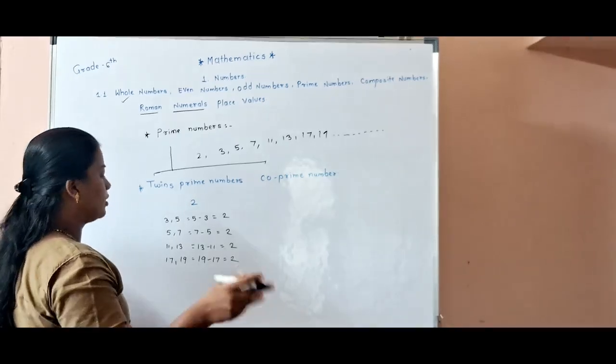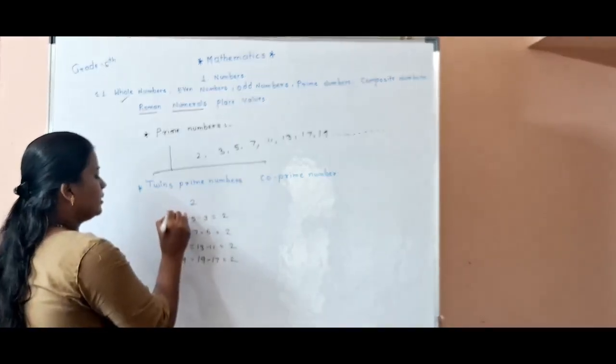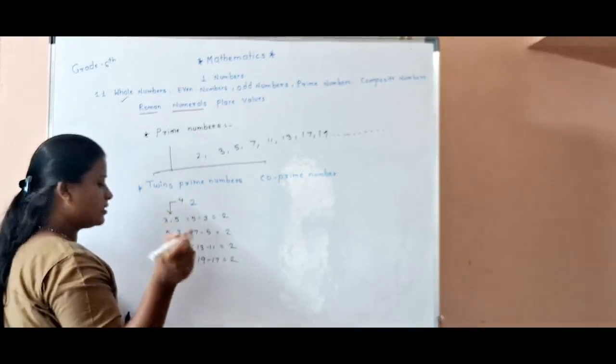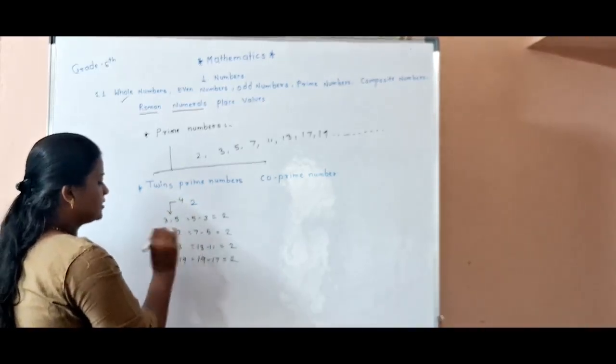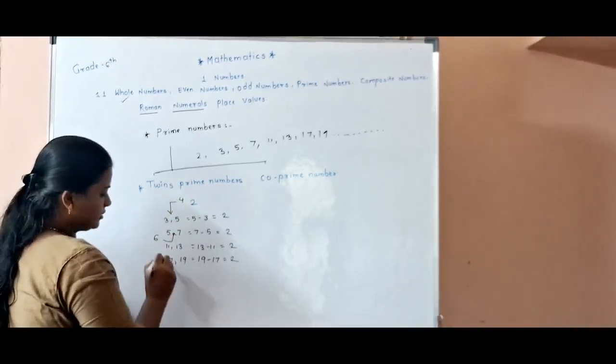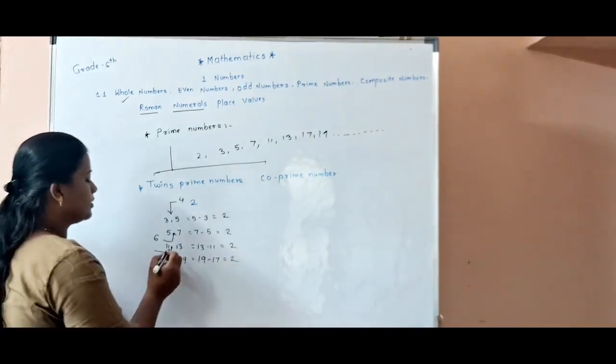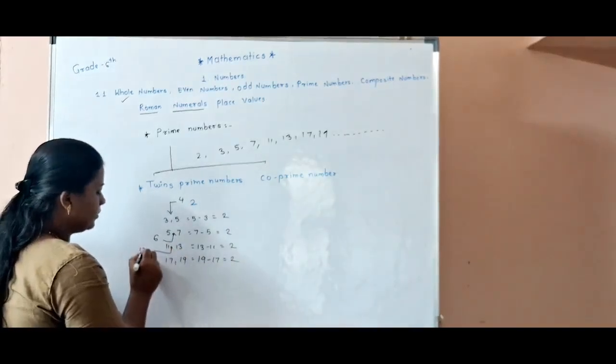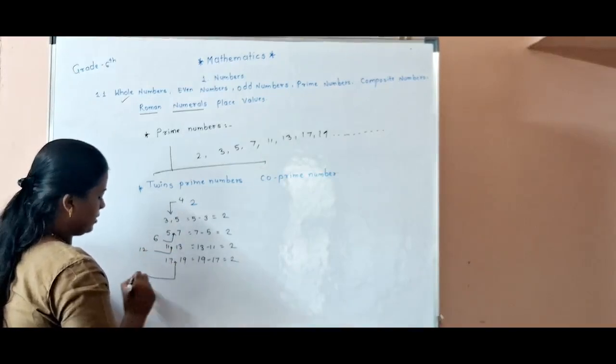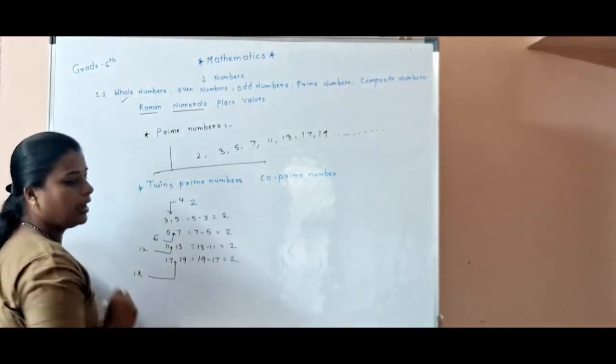Or the other way: in between 3 and 5 there is only one number, 4; between 5 and 7 only one number, 6. Whatever is easier for you to remember, you can remember. Between 11 and 13 it will be 12, between 17 and 19 it will be 18.